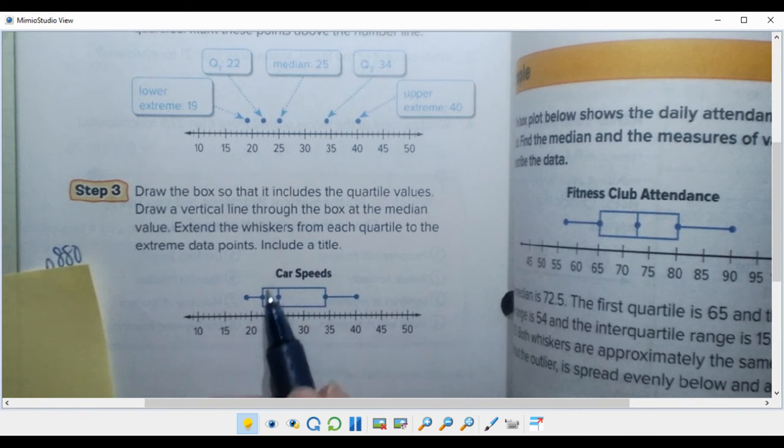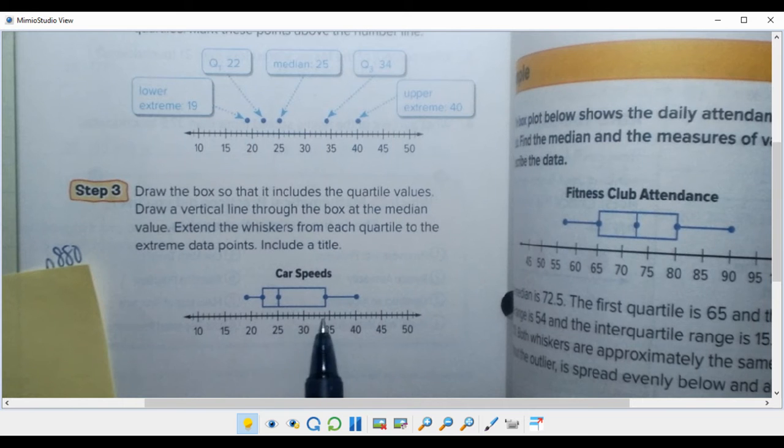I could say that half of my information, most typically what people would do, falls between about 22 and 34. Half of my information falls between 22 and 34. You could also say 75%, most of my information is less than 35, which is true because 75%, more than half, is less than 35. It's not exactly 35, it's a little bit less.